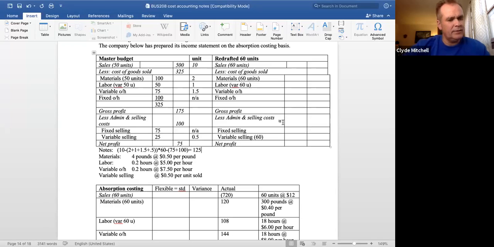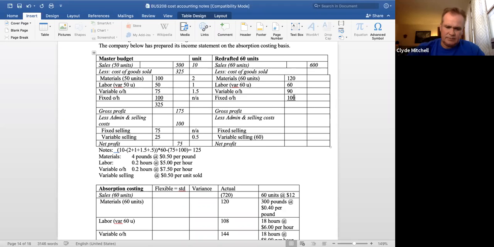Let's see that we get that number. Okay, so units, 60 units times $10, that's going to give us 600. Material, 60 units times $2, that's 120. Labor, 60 times 1 is going to be 60. Variable, $1.50 times 60 is going to give us 90. And then our fixed costs obviously stay the same, 100.